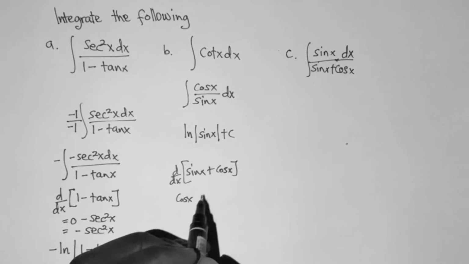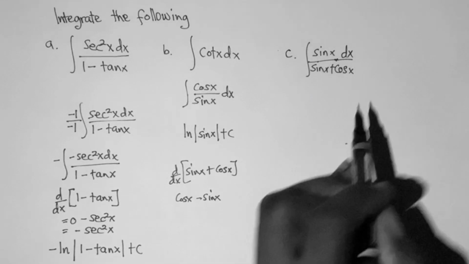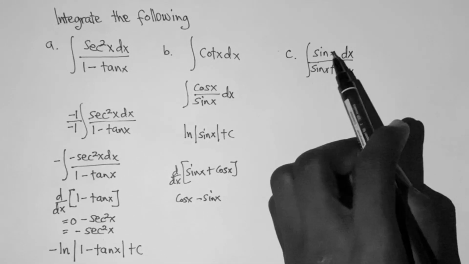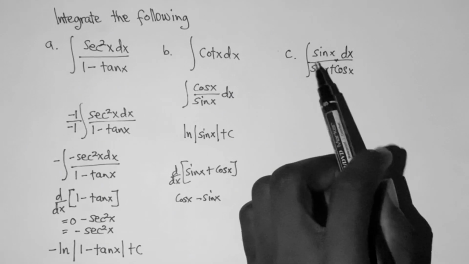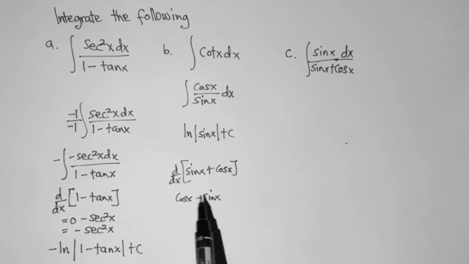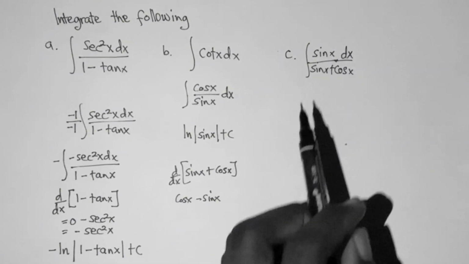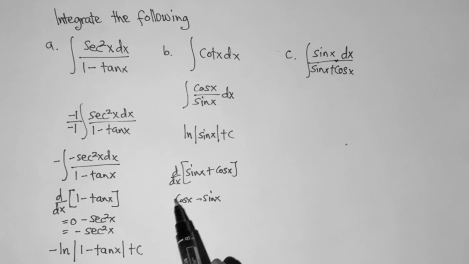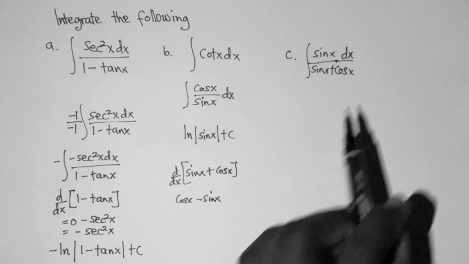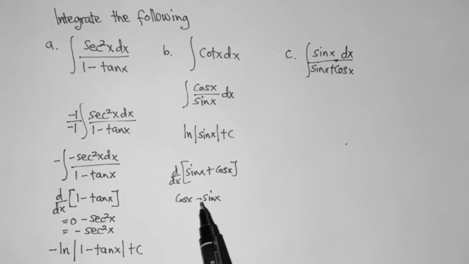And if you differentiate cos x, you get minus sine x. But when we look at the numerator, we only have sine x. So we must modify the numerator to look like cos x minus sine x, so that we can use the natural log.